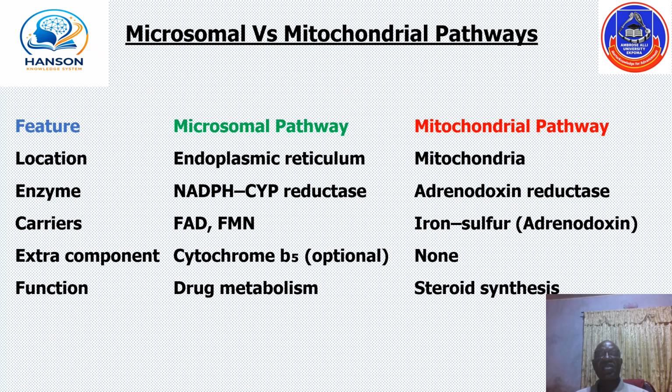The extra component, which is optional in functionality, is cytochrome B5, whereas in the mitochondrial pathway, none exists. In terms of function, the microsomal pathway is involved in drug metabolism, while the mitochondrial pathway is strictly for steroid synthesis.